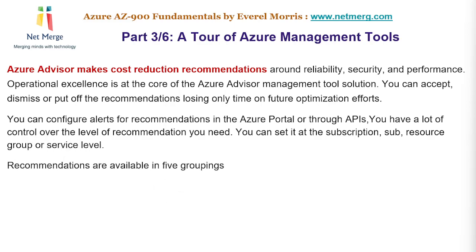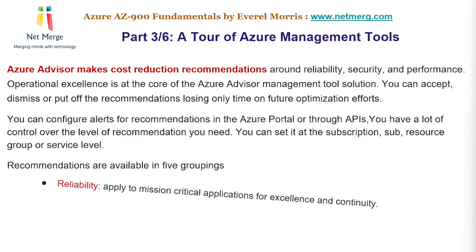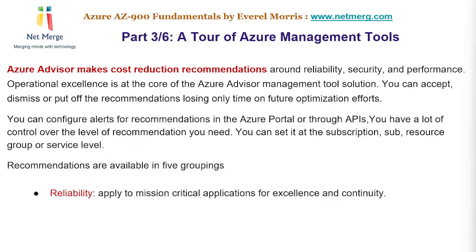Now, recommendations are available in five groupings for the Azure Advisor, and those are reliability. It applies to mission critical applications for excellence and continuity. There are a couple of things we talk about for reliability, including region pairing, which we spoke about before, and you understand the concept for that.